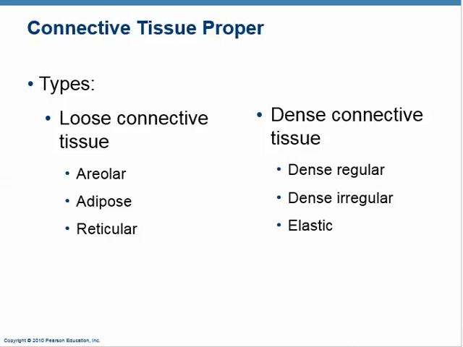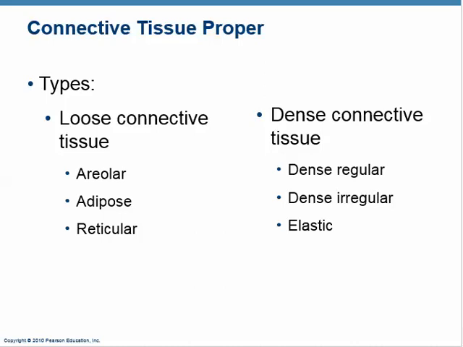The dense connective tissue is dense regular, dense irregular, and dense elastic. So the dense regular, all the collagen fibers are running in one direction. In dense irregular, the collagen fibers are running all over the place, and in dense elastic, there's elastic fibers so the thing can stretch and bounce back.